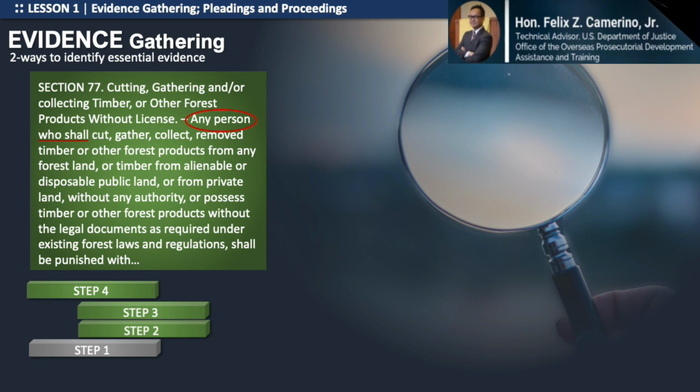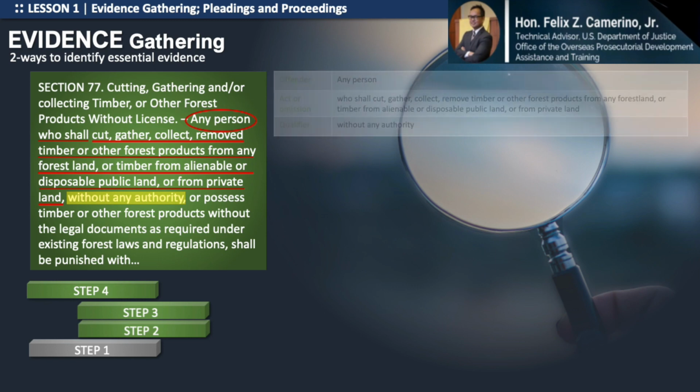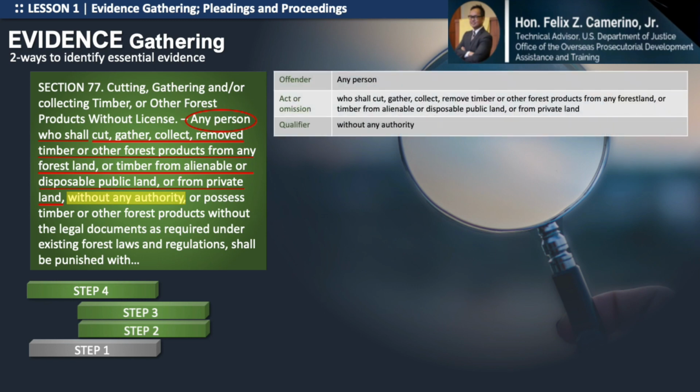And here we could quickly ascertain that the act is cutting, gathering, collecting, removing timber or other forest products from any forest land, or timber from alienable, disposable public land or from private land.